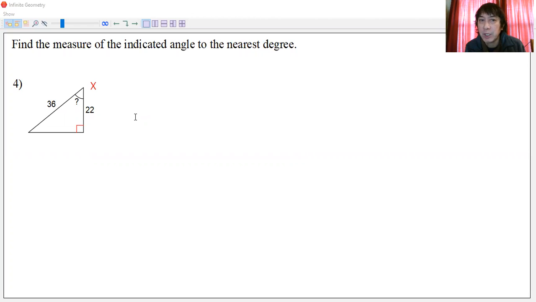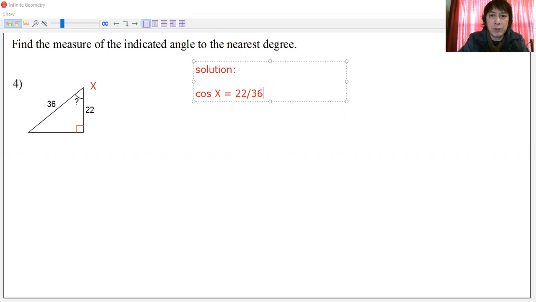So what we have here is adjacent and hypotenuse. So adjacent divided by hypotenuse, that will be the cosine function. So we will solve this by way of cosine function. So this is cosine of angle X equal to the ratio 22 over 36. And then this will now be arc cosine of cosine X is equal to arc cosine of 22 over 36.